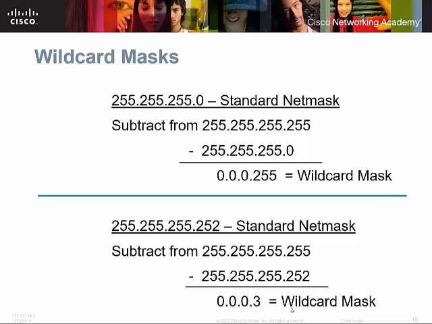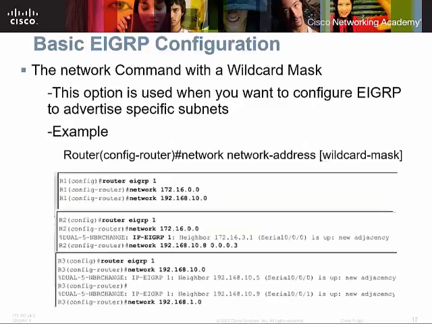If it was a Class A 255.0.0.0, what's our wildcard mask? 0.255.255.255. Easy. And here's the process by which we configure EIGRP, right? Now, if I'm not using classless networking, I don't have to give it the wildcard mask.